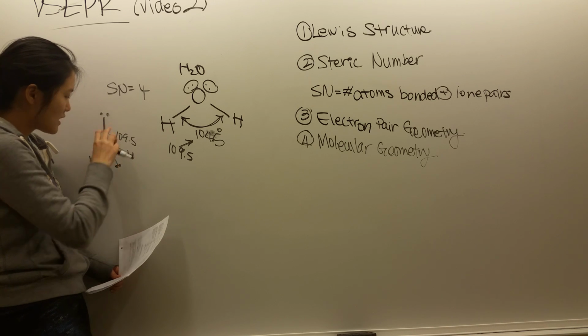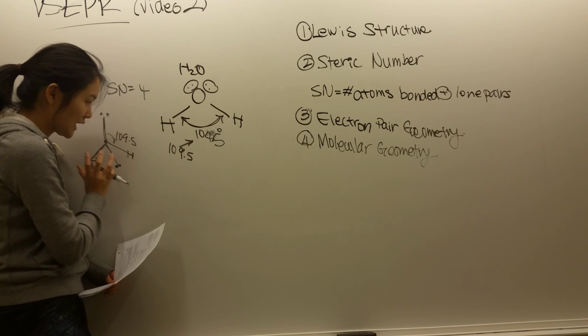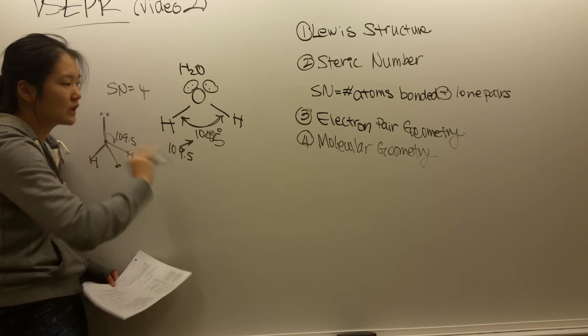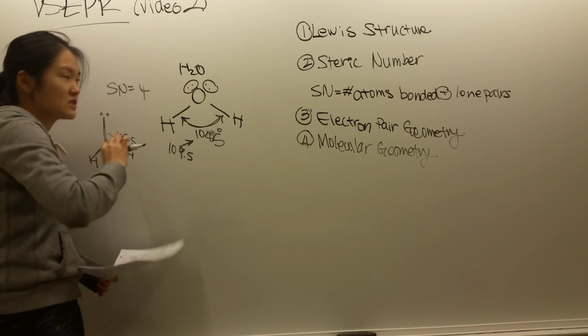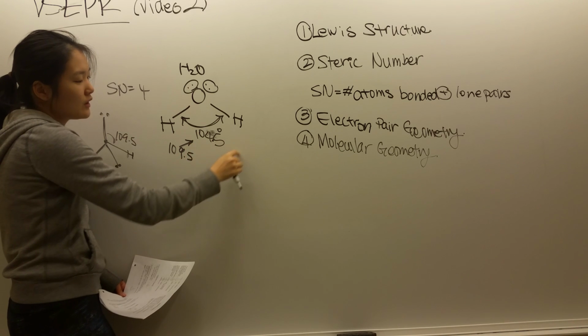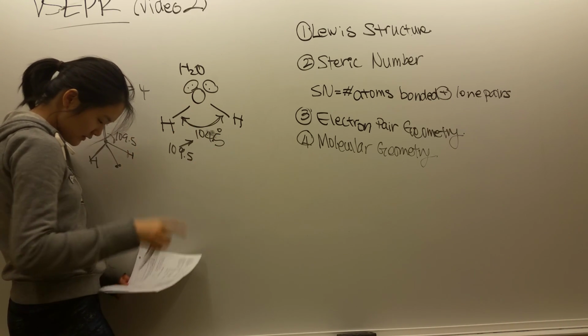They exert greater force, so the hydrogens get squished together more. The electron pairs bully the hydrogens more than the hydrogens bully them. So the hydrogens are pushed towards each other more, therefore the angle is going to be less. Okay, cool.